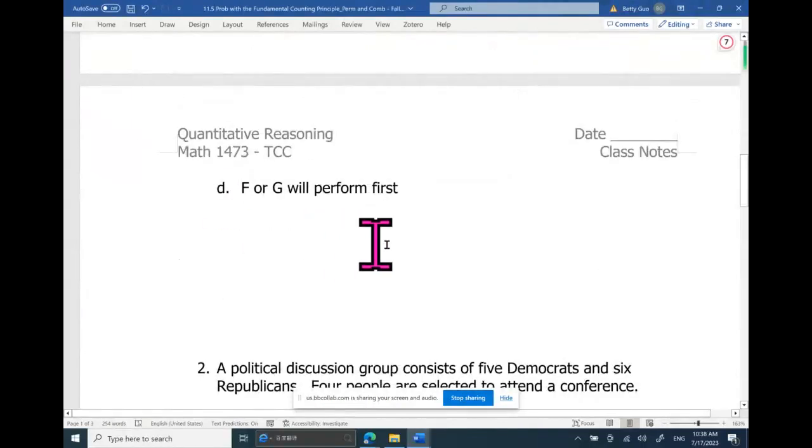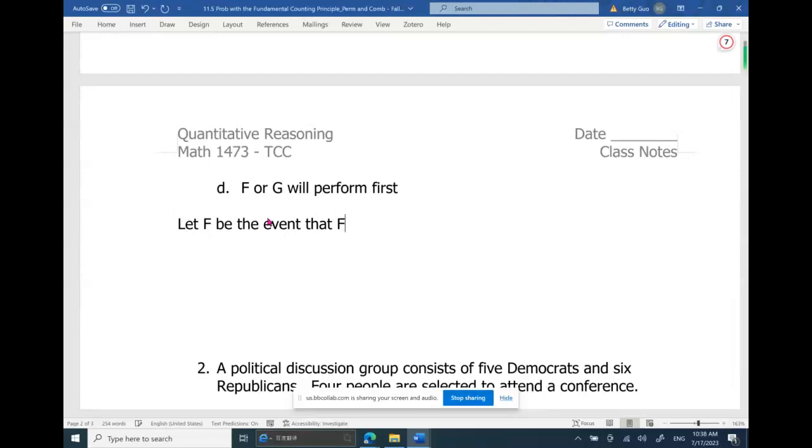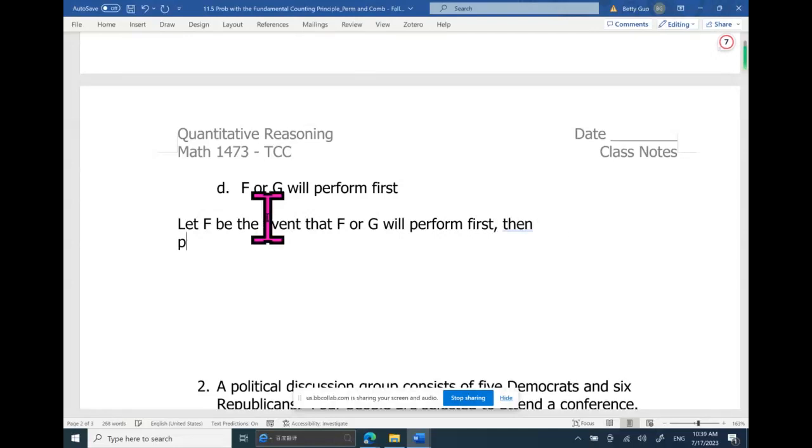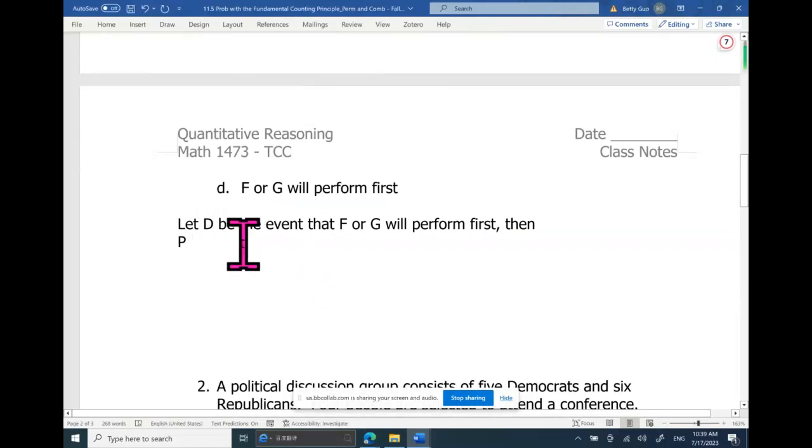Part D: F or G will perform first. Let D, this letter D, be the event that F or G will perform first.